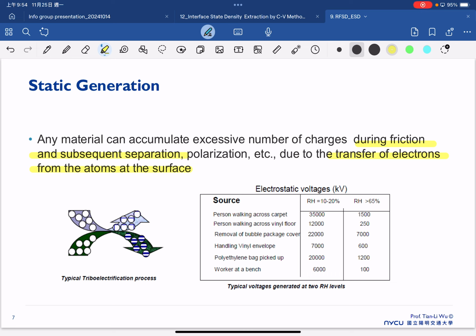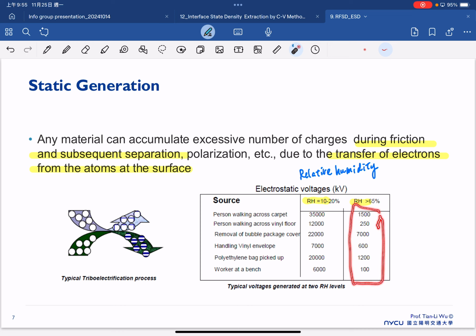And this phenomenon really depends on the different RH. So what's RH? This is the relative humidity. So now you can see if you are in an environment with a relatively high humidity, the ESD voltage will be around this range.